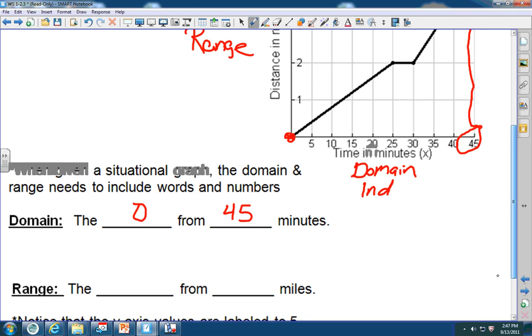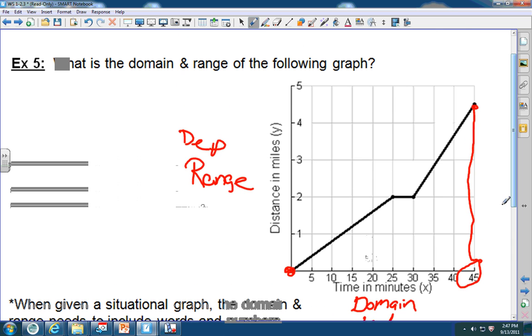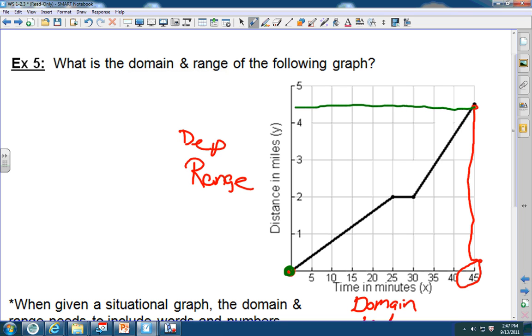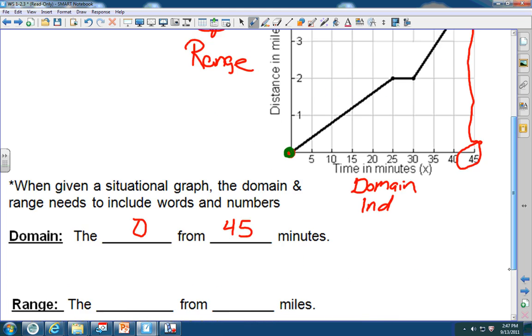Okay? Look at your range. What does it go between? Well, I see my range goes up and down here, and it starts here at 0, but where does it end? The graph ends at 5, but not the data. If you draw a line over here for the data, that is at 4.5. So my range is from 0 to 4.5.